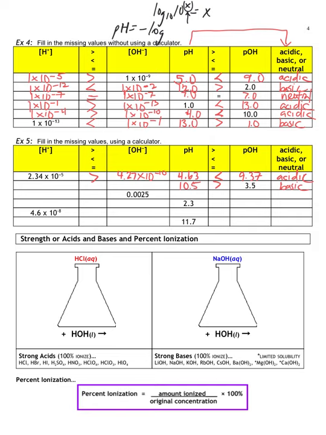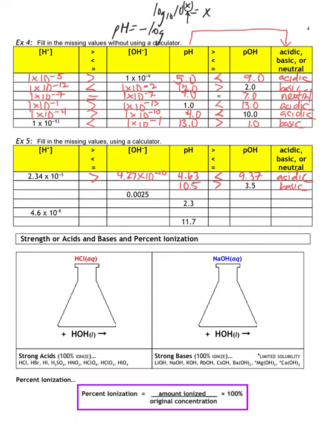Now to reverse this, in other words, if you're given pOH, to find the concentration you just take 10 to the negative pOH. So whatever pOH is, take the negative of that, and then take 10 to that. That inverse function is actually on the log button.